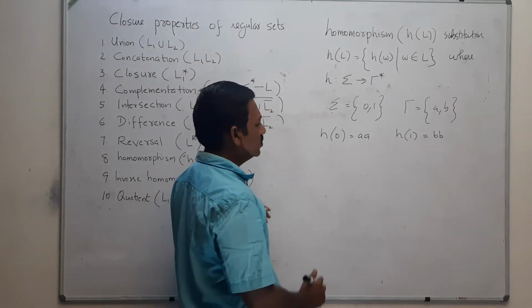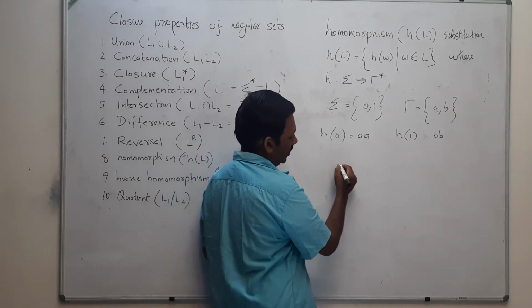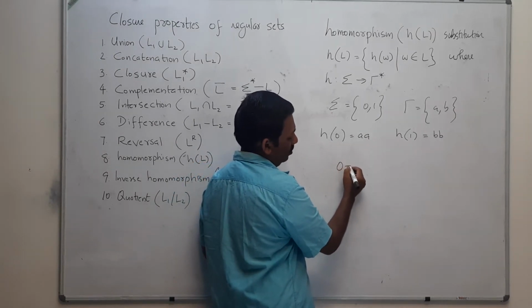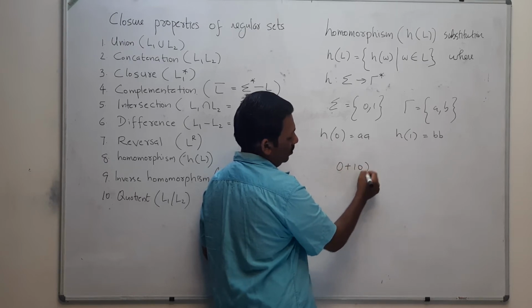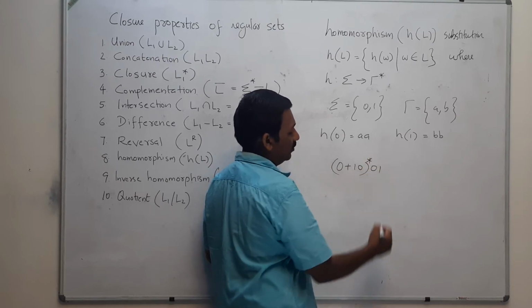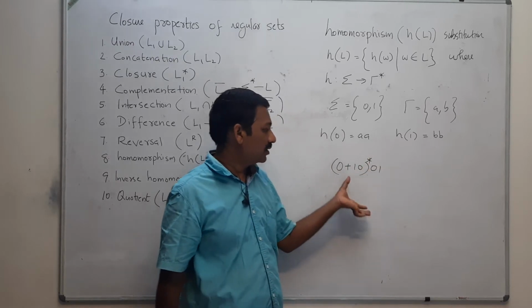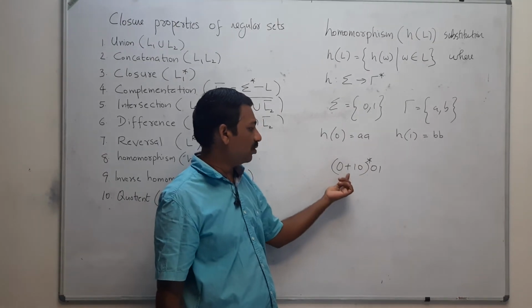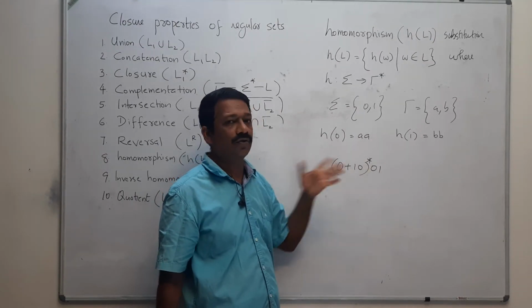And now suppose that you have, say, 0 or 1 0 followed by 0 1 star. Suppose that you have such a language. That means 0 or 1 0 star 1 0 1.